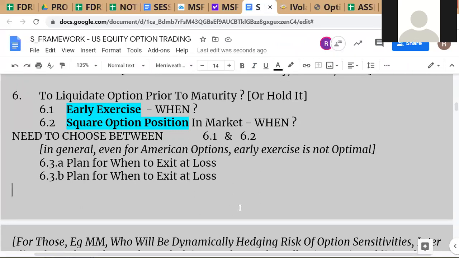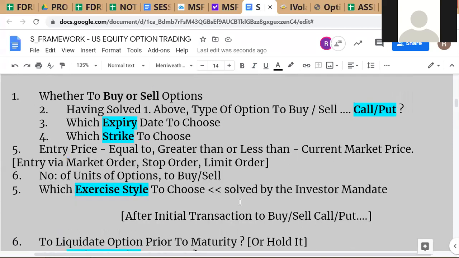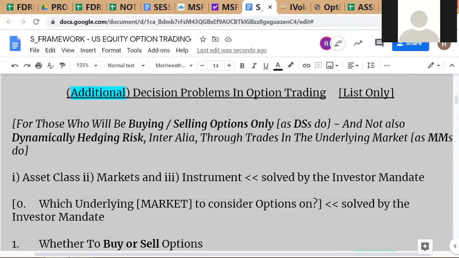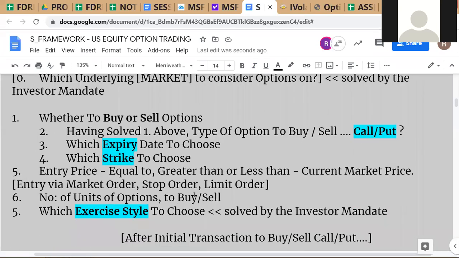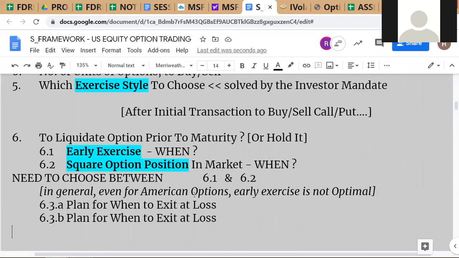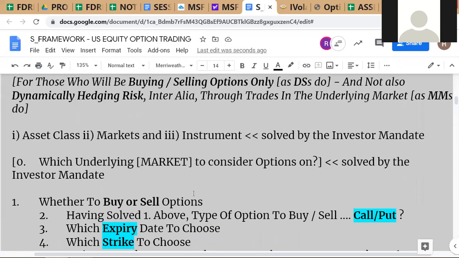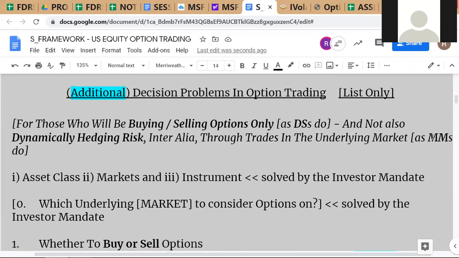All right. And remember, these are only for doing directional speculation in options by buying and selling options only. Cannot touch the underlying asset. These additional problems are only for that situation. So you should be aware: if somebody asks you what you have learned, you can say we learned about these, but we did not learn about dynamic hedging by market makers. So you know that it exists.